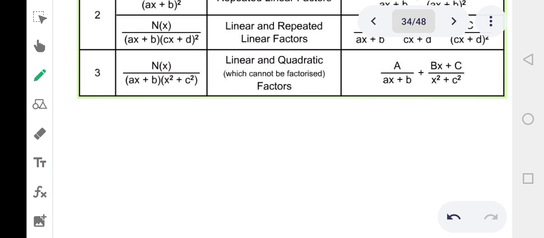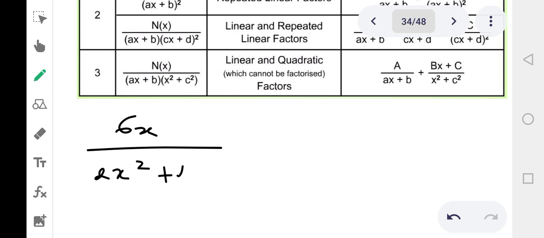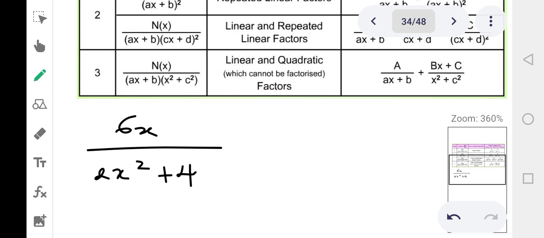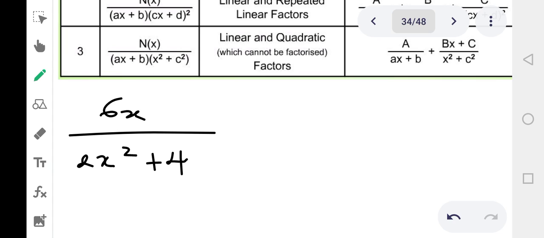What I'm talking about here. So let's say I've got 6x divided by 2x squared plus 4. Okay, can you factorize this? You can't, right? Let's just say plus 6. It's going to be hard for us to factorize. So what are we going to do?